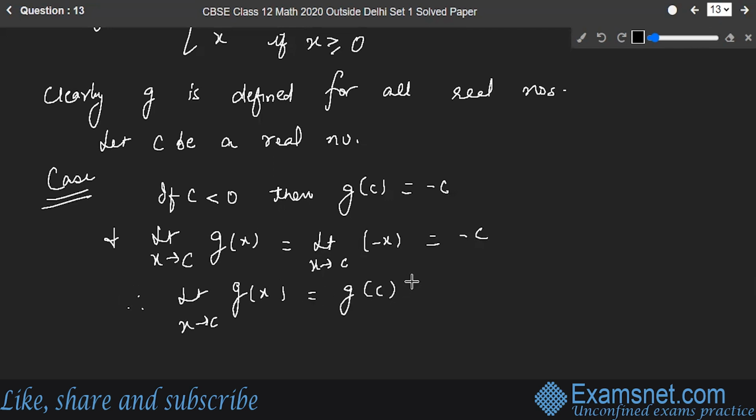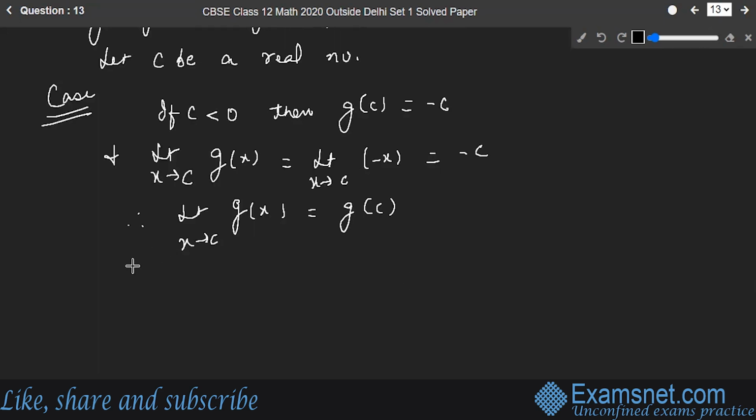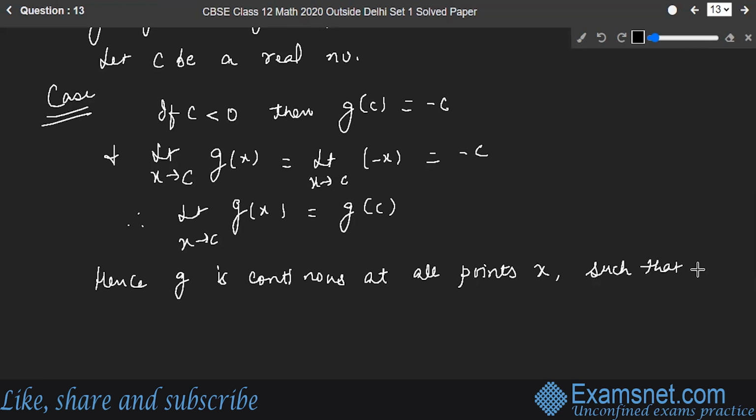Therefore, g is continuous at all points x such that x is less than 0.